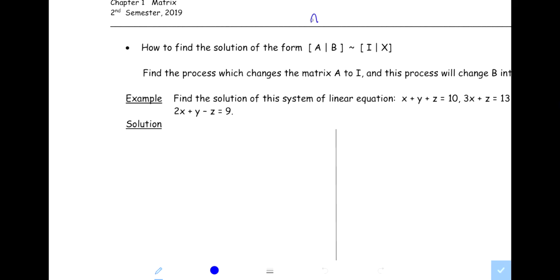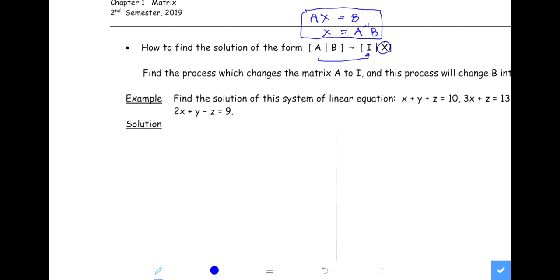If you have A times X equal to B, normally you want to find X by doing A inverse B. But if you don't want to do it this way, you can use the row operations. You write your coefficient matrix A here. You write your matrix B here. And then somehow try to change your A into I. And then you will get matrix X out over here.